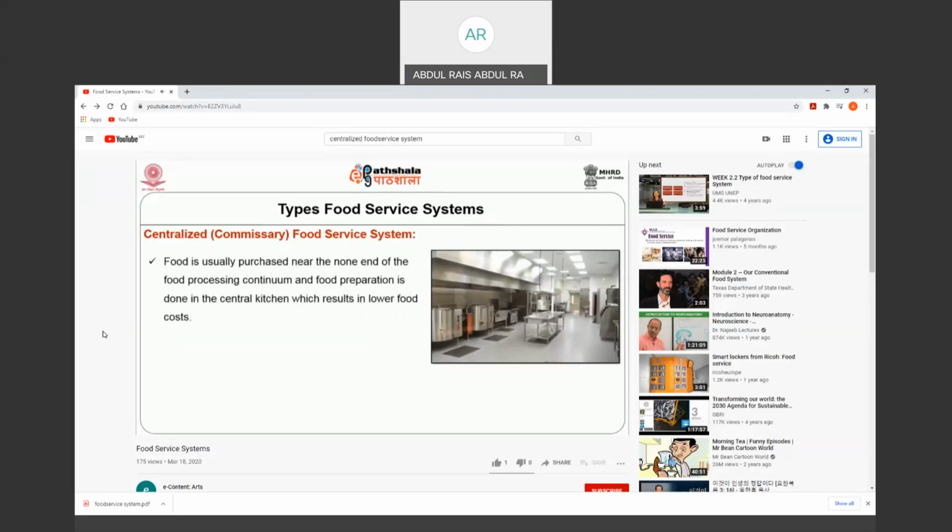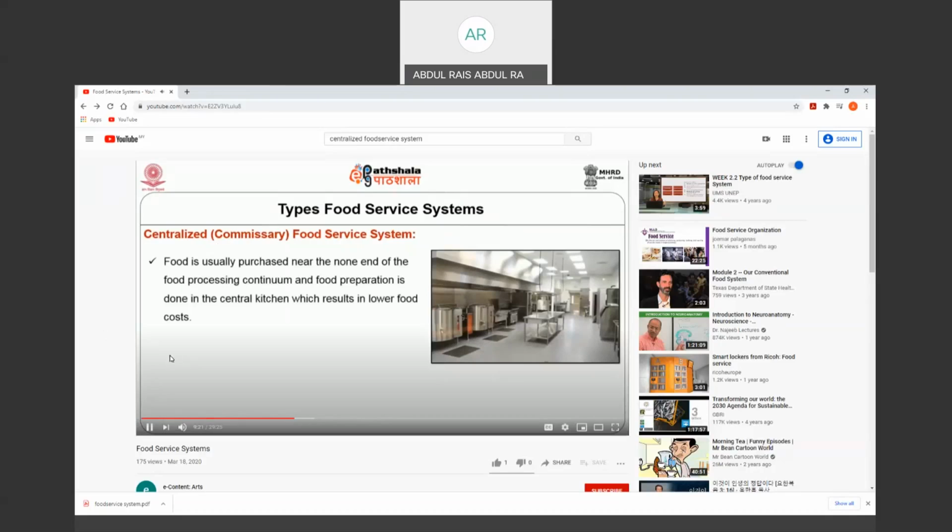Food is usually purchased near the non-end of the food processing continuum. Okay, non-end of the food processing continuum.